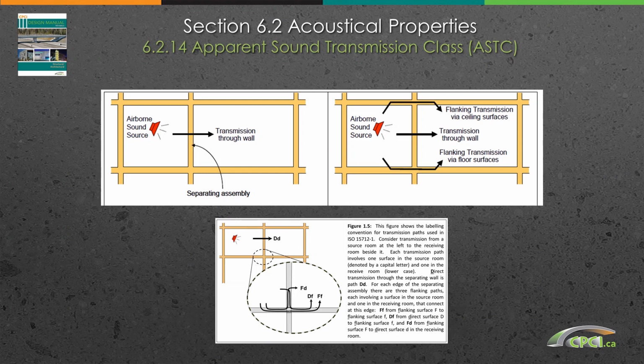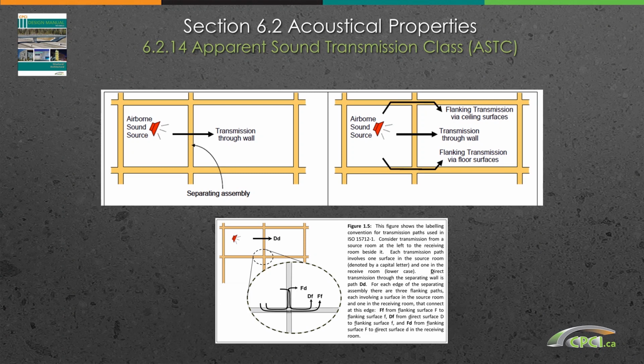New to the design manual and new to the National Building Code in 2015 is apparent sound transmission, or ASTC, which we cover in the design manual in section 6.2.14. In reality, there are many paths for sound transmission between adjacent rooms, including direct transmission through the separating assembly and indirect structure-borne paths. This is shown in the top right.